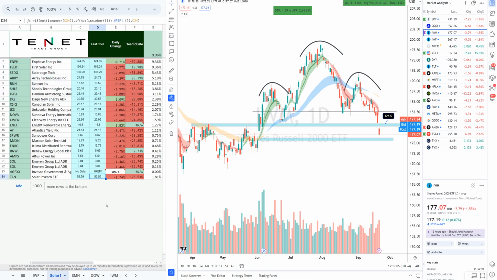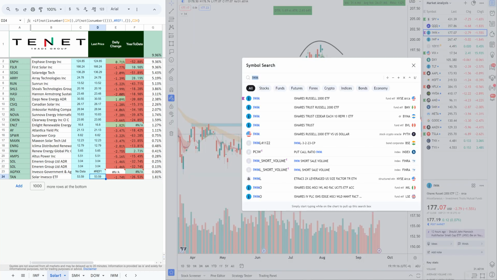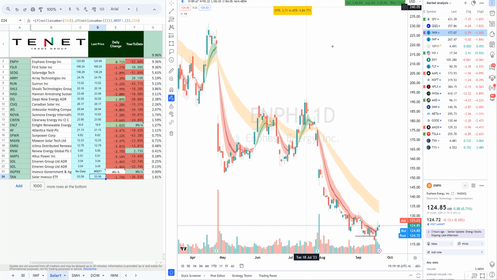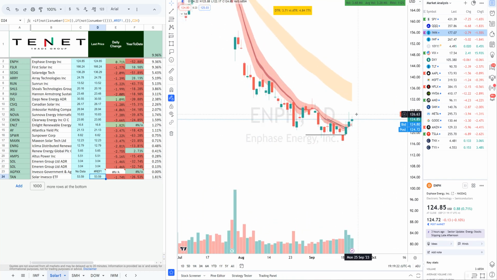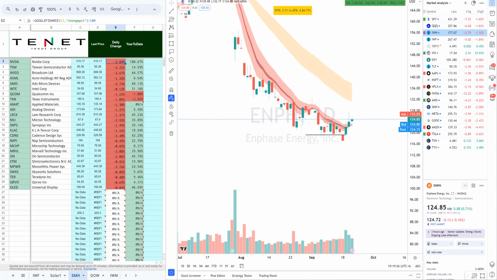So this is the kind of market analysis I want to do. I want to keep an eye on all the sectors, and when something is ready to swing and invest, we analyze it, find a risk reward price level, and take the trade. So that's the reasoning. I have been long on ENPH for a while now. It's been up 5% since our entry. So we'll keep eyes on that.